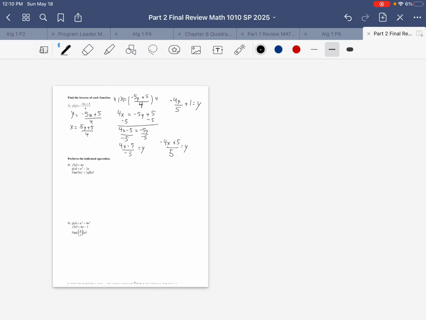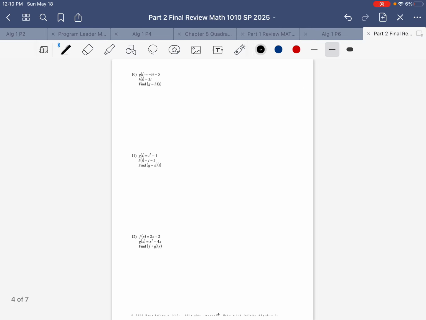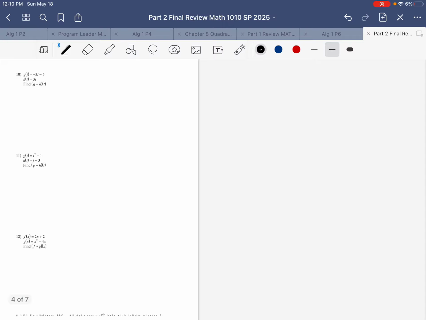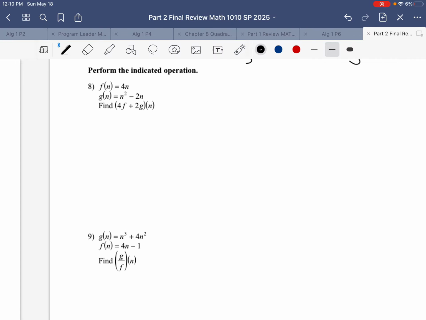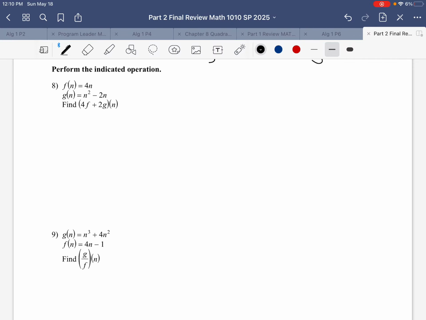For numbers, I think it was 8 through 12, we're looking at the operations with functions. In the example here, they have 4 and 2. On the actual test, I'm not going to be multiplying them, but this would read like 4f of n plus 2g of n, where f of n is equal to 4n.